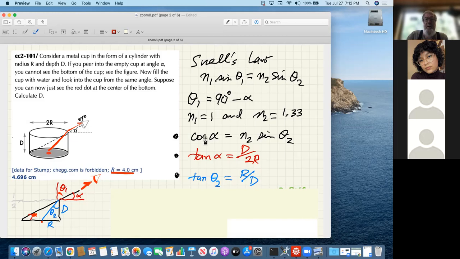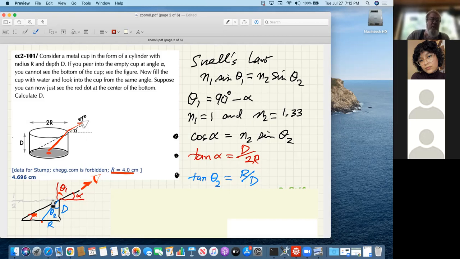And we need one more equation because we sort of have three unknowns here. D is not known, alpha is not known, theta 1 and theta 2 are not known. Well, we actually have quite a few unknowns. We need one more equation.